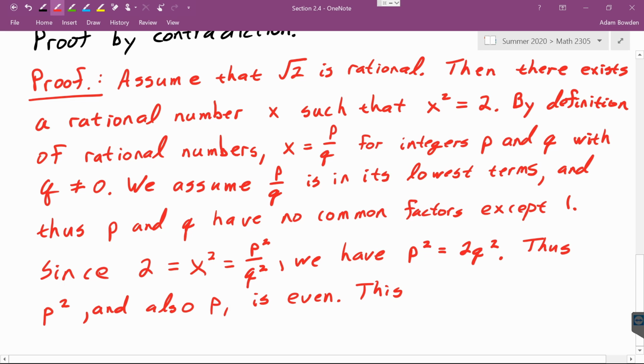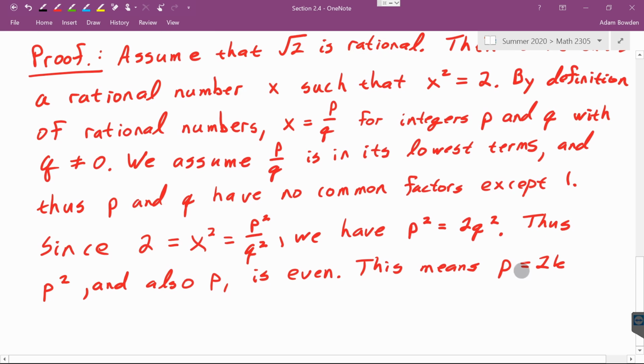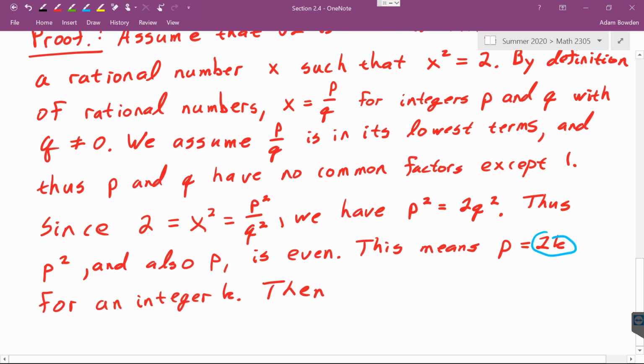And so this means p is equal to 2k for an integer k. Then we can substitute the 2k in for p inside p squared.